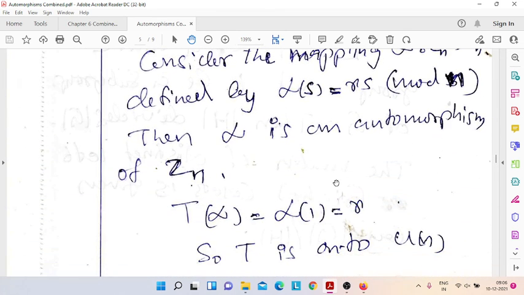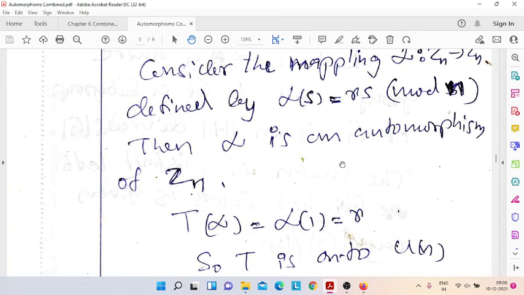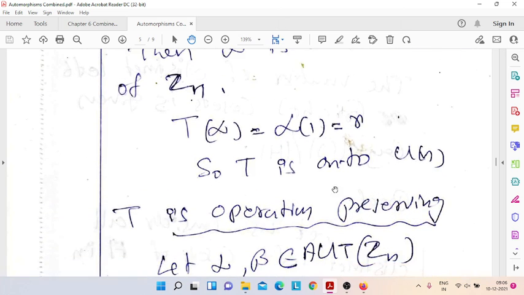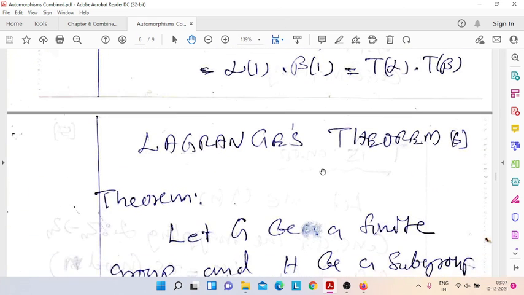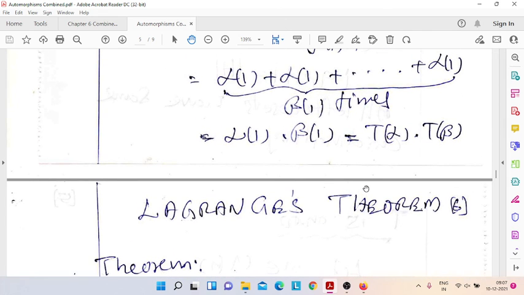That means it is an isomorphism. As T is an isomorphism, therefore the automorphism group of Zn is isomorphic to Un. Okay, that's all. Thank you for watching this video.